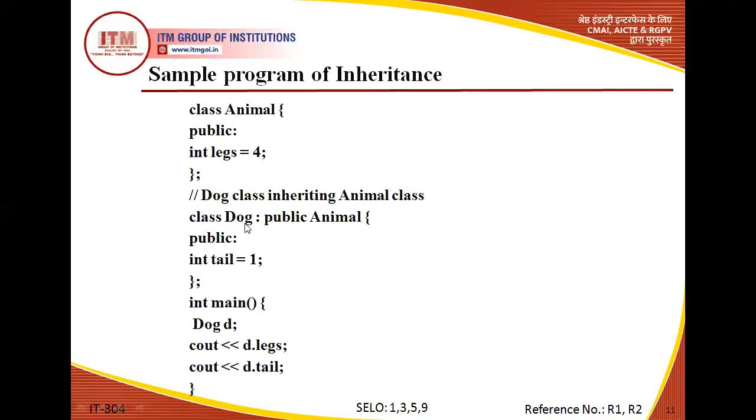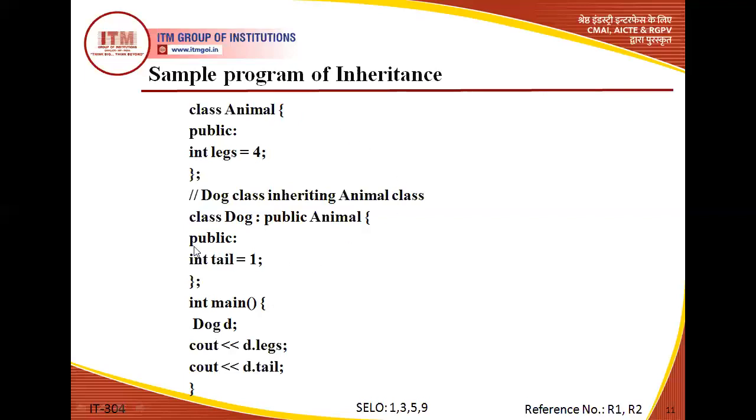Then all the data members which come under public will become public here. All the data members in the private access modifier will not be inherited at all. So in any case, just remember one thing: private data members will not be inherited in any case to the derived class.